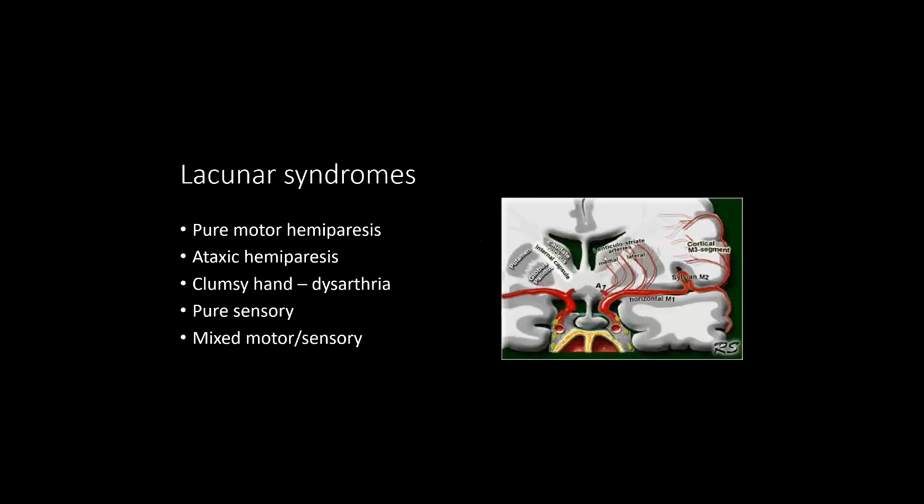These hit and lesion the basal ganglia nuclei, and depending on which territory is involved, they have named syndromes, which for the most part are exactly what they sound like, but you can have a pure motor syndrome, an ataxic hemiparesis, clumsy hand dysarthria, a pure sensory stroke, which is obviously one that involves the thalamic nuclei more than any others, or a mixed motor sensory stroke.